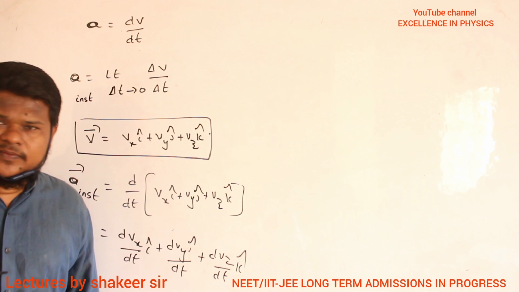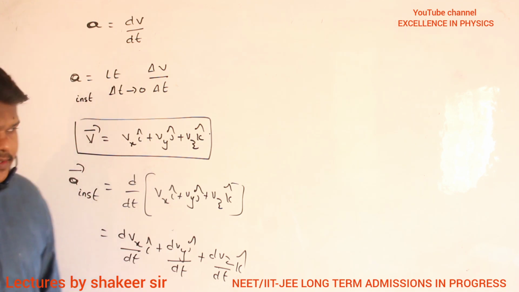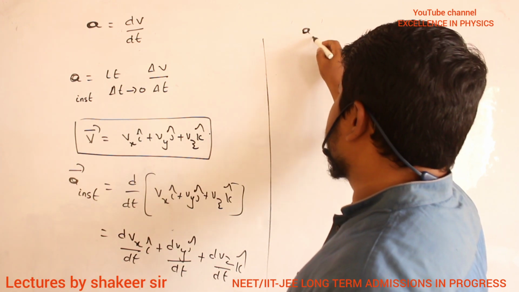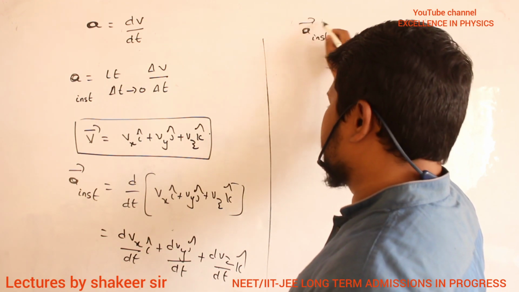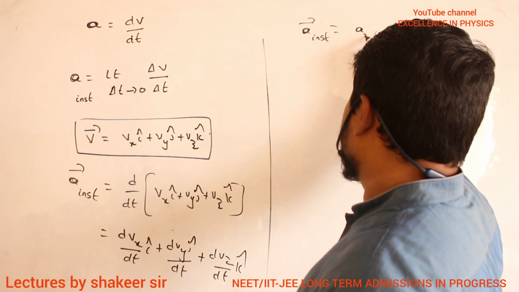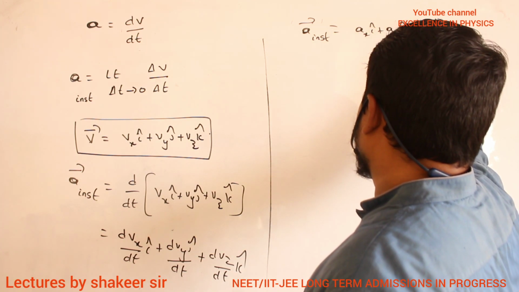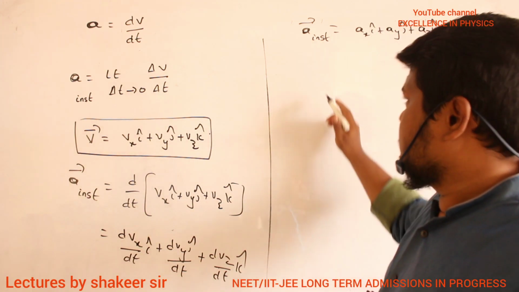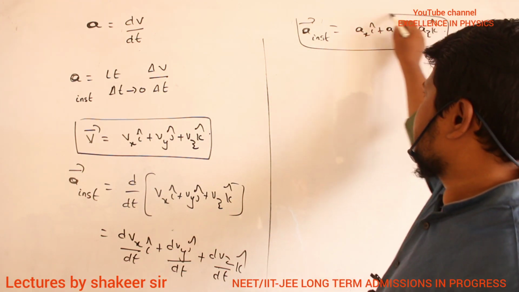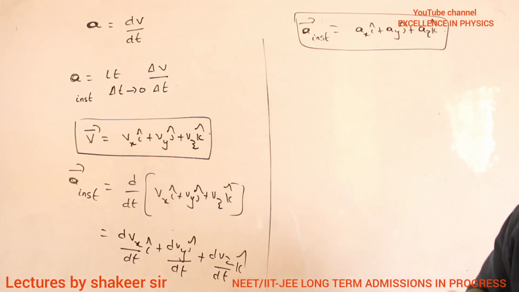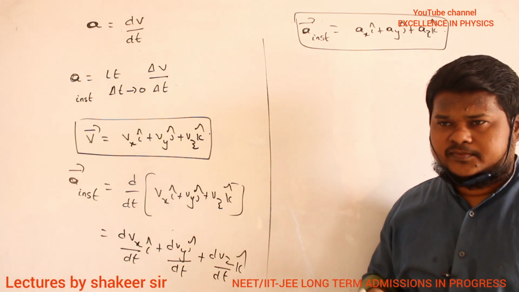So therefore I can write, A instantaneous is equal to ax i cap plus ay j cap plus az k cap. So this is my equation for instantaneous acceleration, if the body has acceleration along the x-axis, y-axis and similarly the z-axis. Are you able to understand?